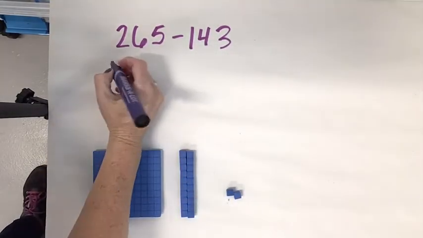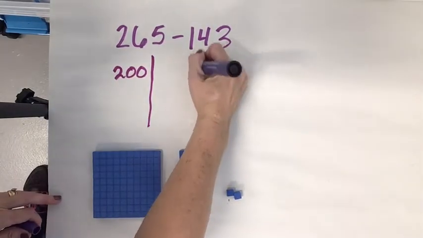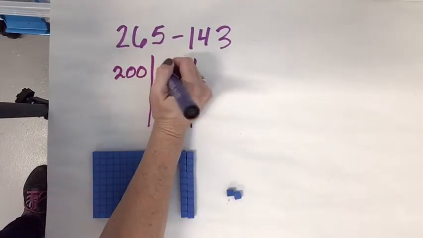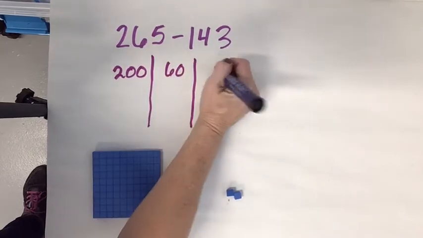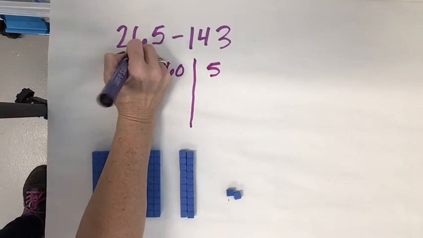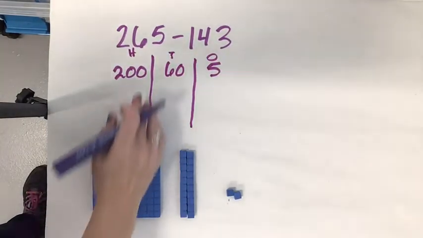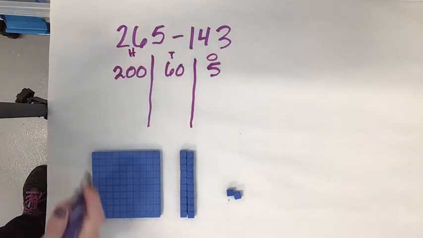So I started with 265, and if it's easier for you, instead of having your plus signs between your place values for this part, I like to write it in more of a place value chart to help my students not get confused by the plus signs if I wrote it in expanded form.